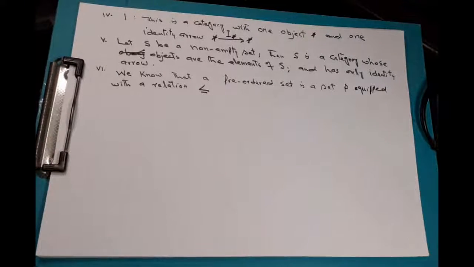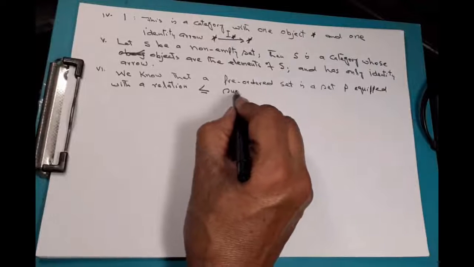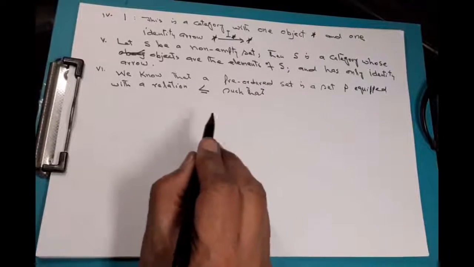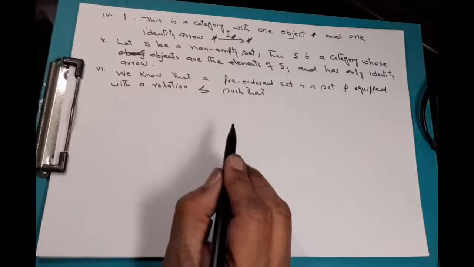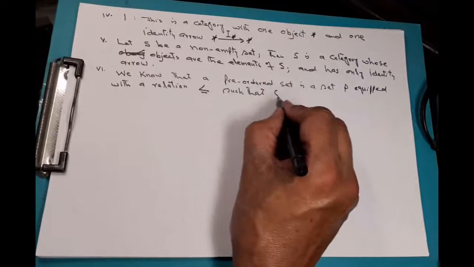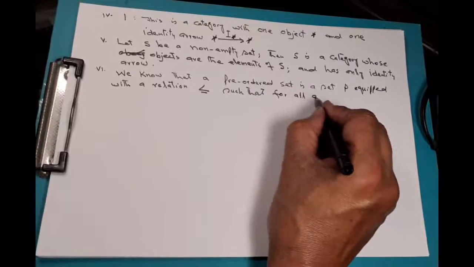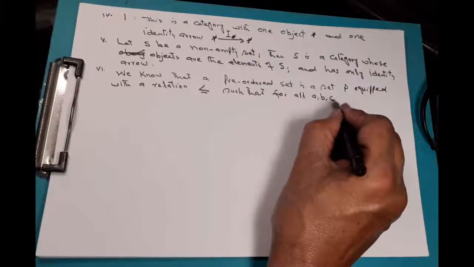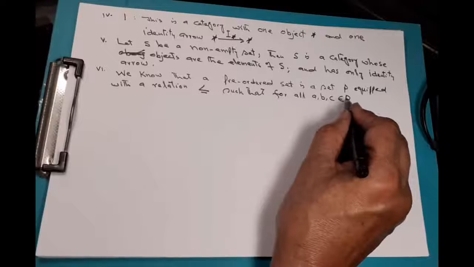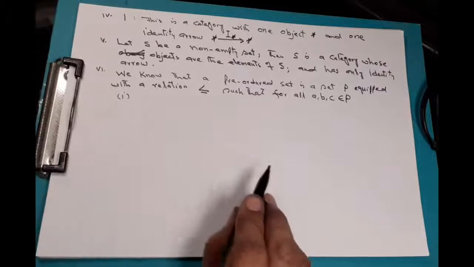You must be very familiar with this symbol, and the conditions are such that for all elements A, B, C belonging to this set P, the first condition is the one you very well know.